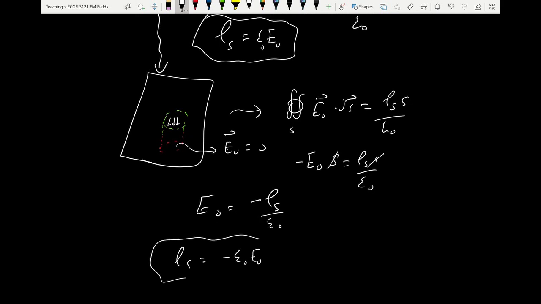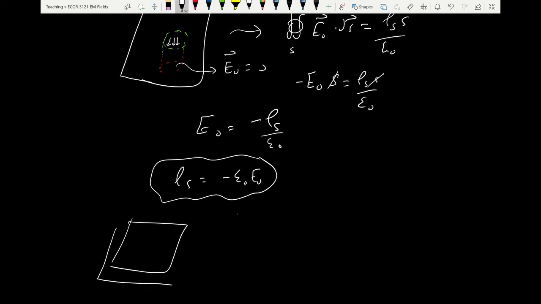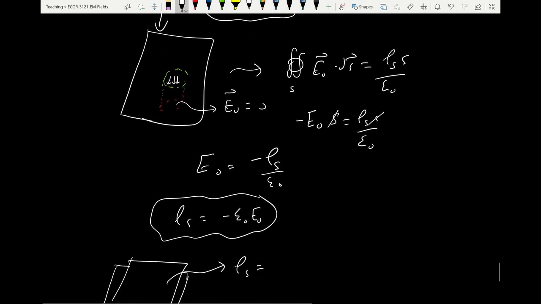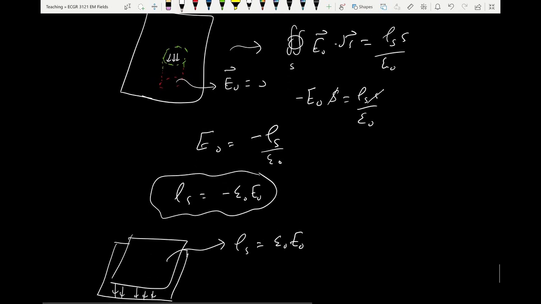Okay. So this is an example of a capacitor, right? Because now to generate this uniform electric field intensity between those two very large sheets, we need to have a charge density on the upper sheet that's positive, right? That's equal to epsilon naught E naught, where E naught is the desired electric field intensity.